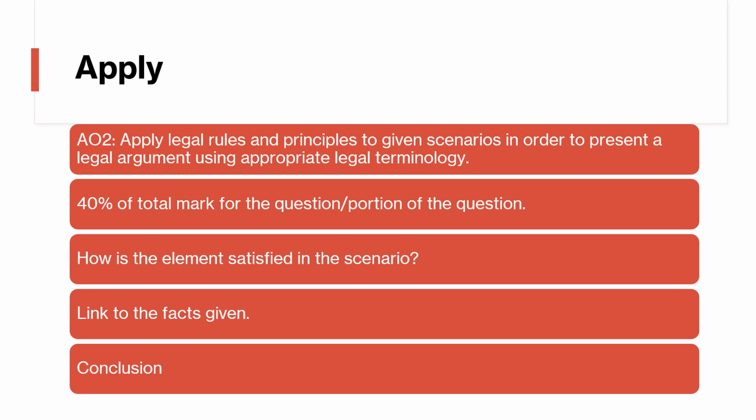That's a good thing in a sense, in that 40% of the total mark for the question or portion of the question comes from linking it to that scenario and, of course, concluding. So what you're doing here is explaining how the element is satisfied in that scenario, linking it to the facts given, and not forgetting to conclude.